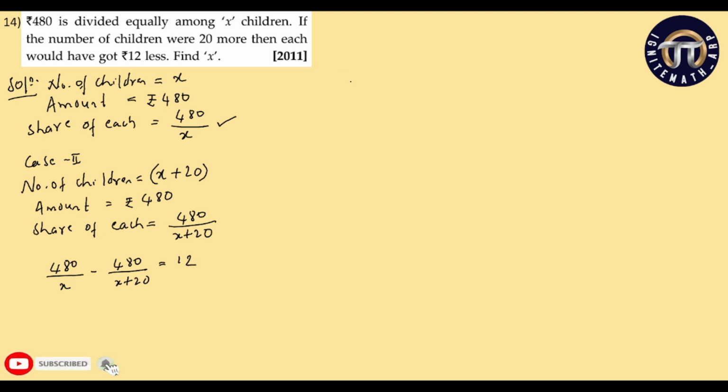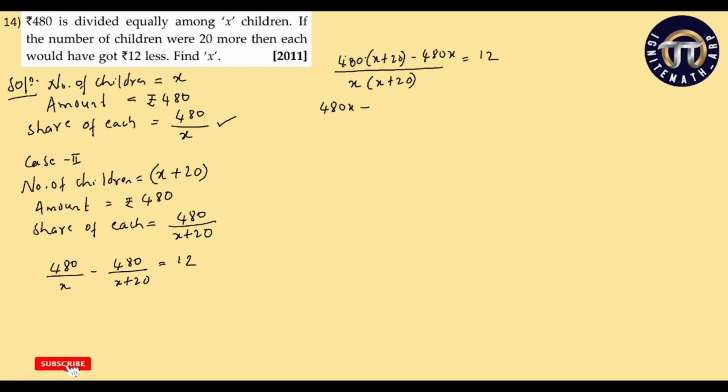So I will take LCM over here. When I take the LCM, it is going to be x into x plus 20, then 480 into x plus 20 minus 480x is equal to 12. When I remove the bracket, it is going to be 480x minus 480 into 20.